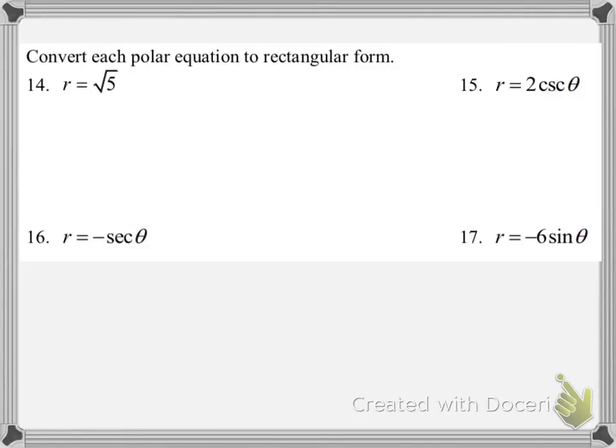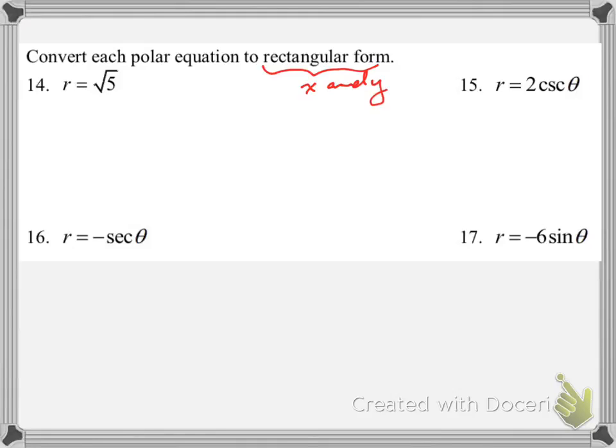All right, so the next set of problems here says to convert each polar equation into rectangular form. So a polar equation is going to be written in terms of r and theta, and we need to convert it into a rectangular form, which is in terms of x and y.